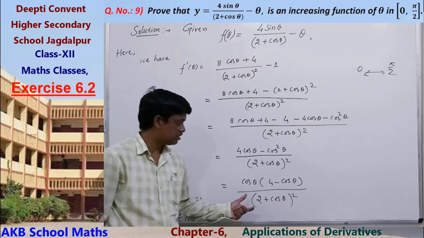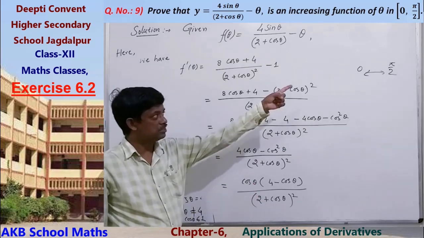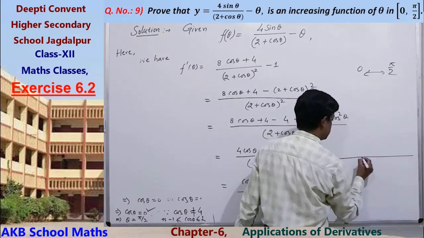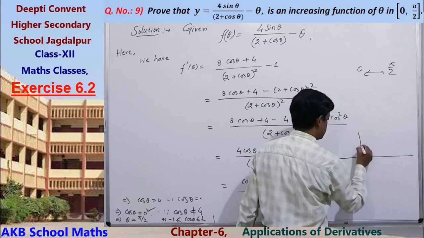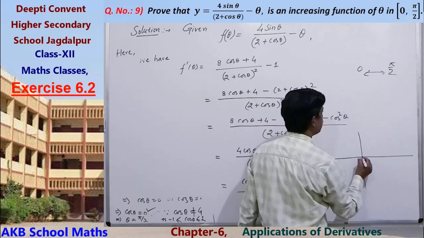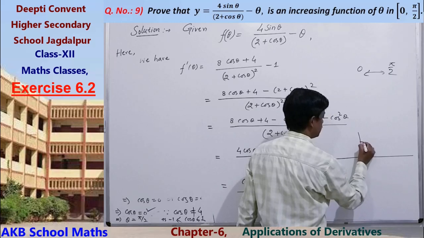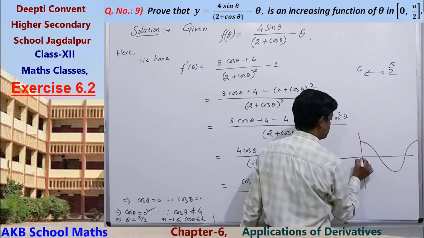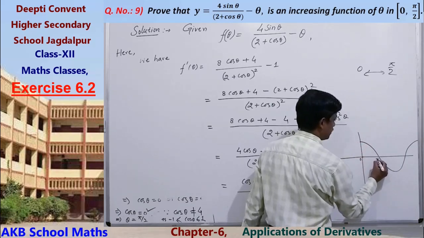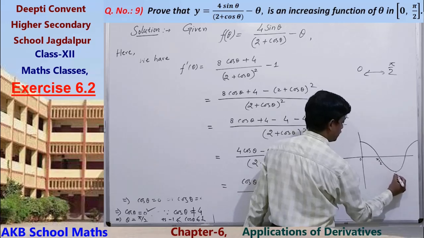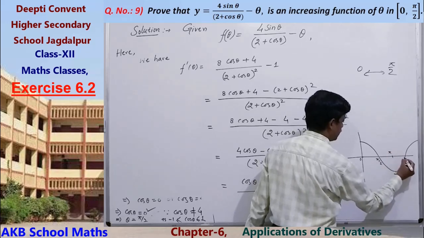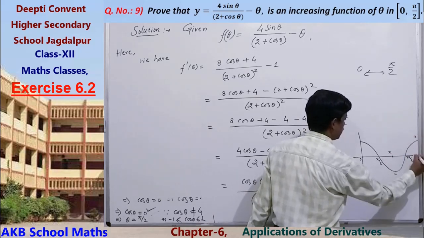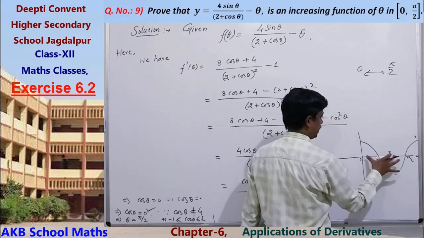Now we will test the sign of it in this interval. Okay, we know the graph of the cos theta function: here 0, here pi by 2, here pi, here 3 pi by 2 and 2 pi.